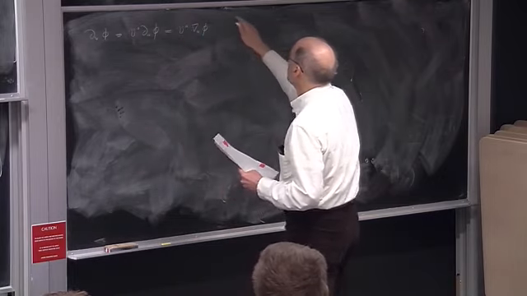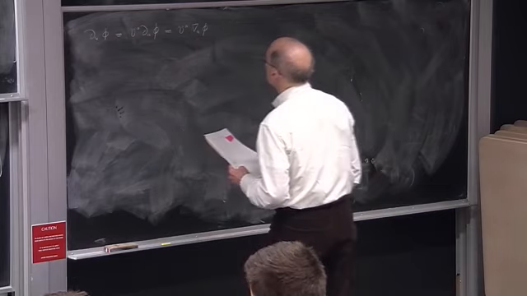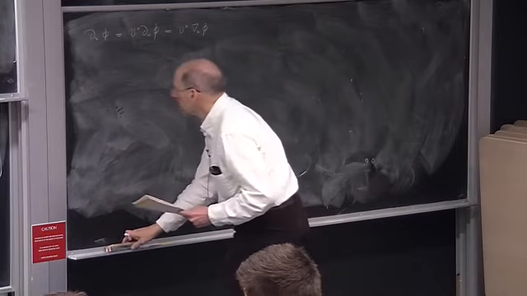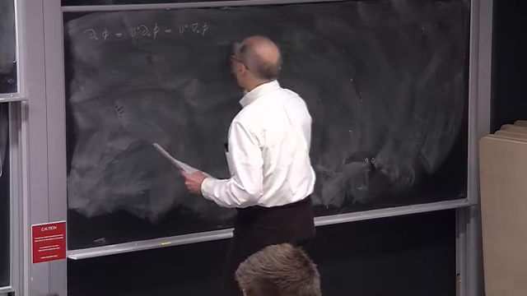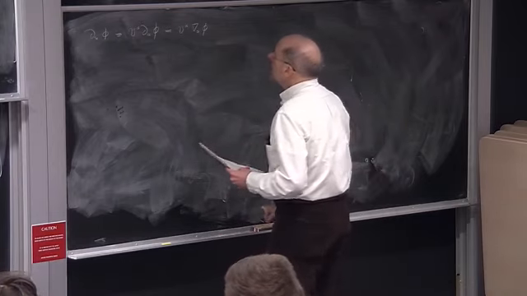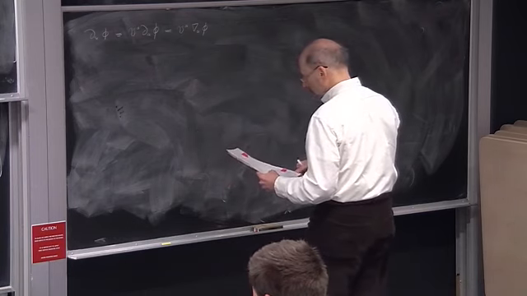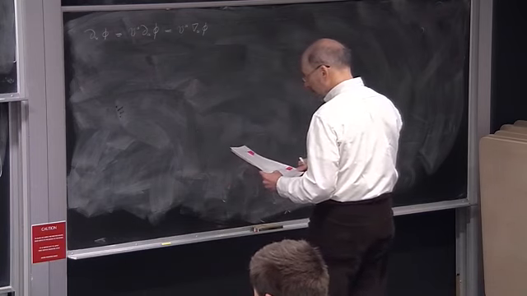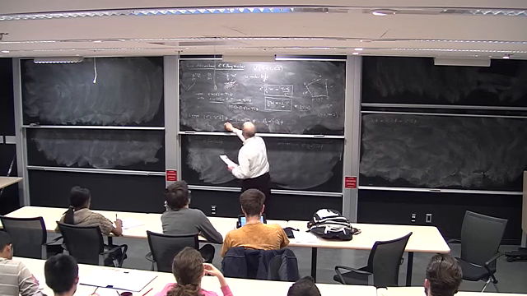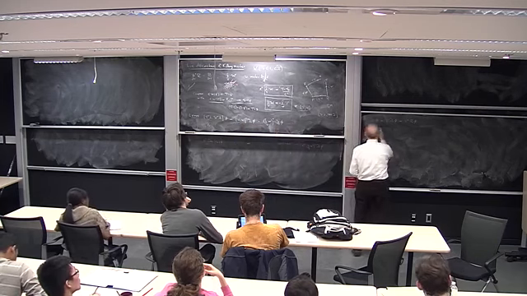It doesn't matter what metric I put here, or even if I didn't get this covariant derivative from a metric, no matter where I got it, because remember, we had a more general notion of covariant derivative. This is always true: the covariant derivative of a scalar is just its gradient. And once I have that, I can plug into this formula in the lemma and see what comes out.